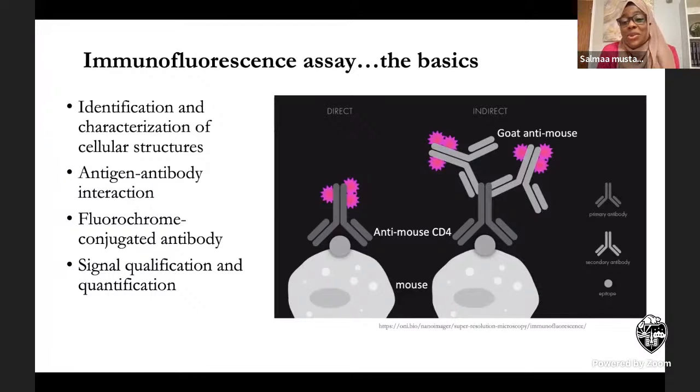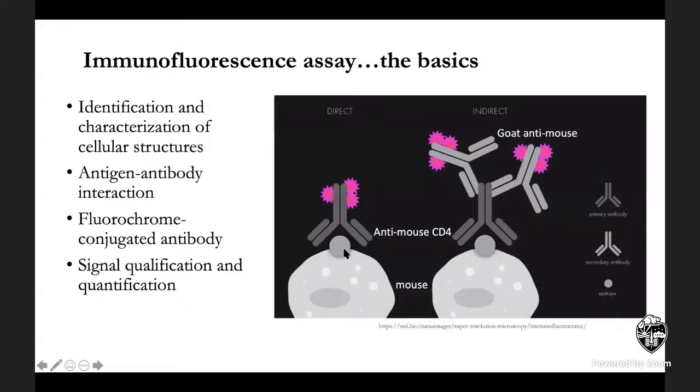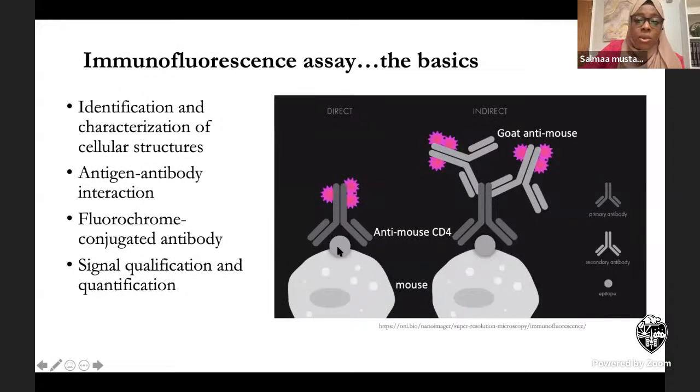I would go with indirect, but some people will say, if you have the money and the antibody is available and conjugated, maybe direct is better because it's faster and you can just move on. But when it comes to specificity, I think direct is more specific, because you have just that one antibody.